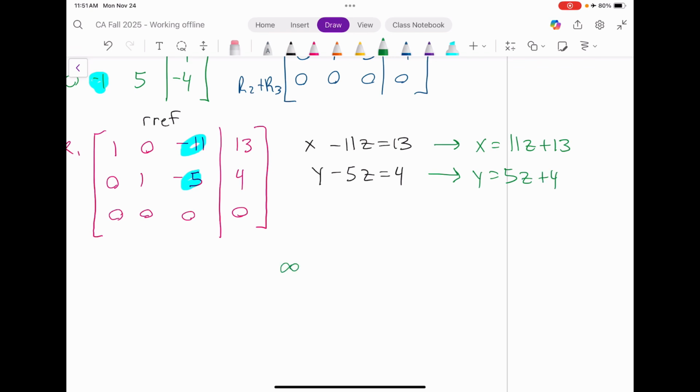So there is infinitely many solutions, and the form of these infinitely many solutions is still an xyz. So x is 11z plus 13, y is 5z plus 4, and z.